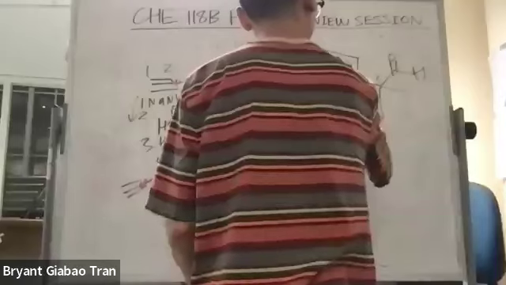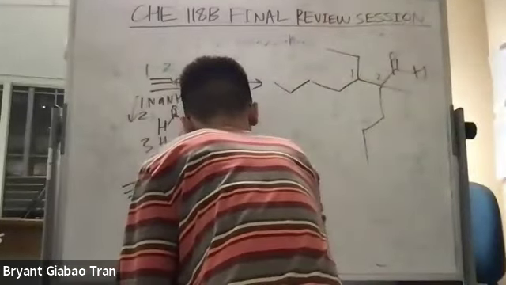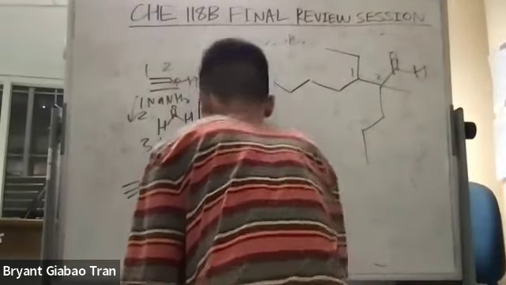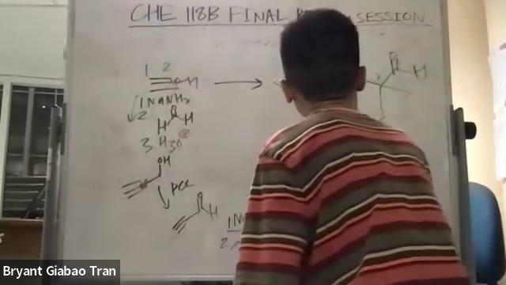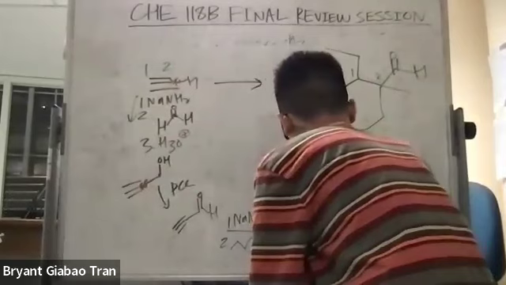Okay, I'm gonna add this chain right away. You're just going 1, 2, 3, 4. It's like another NaH. Then add the chain. 2, 3, 4. Actually, let me just draw that regular structure.